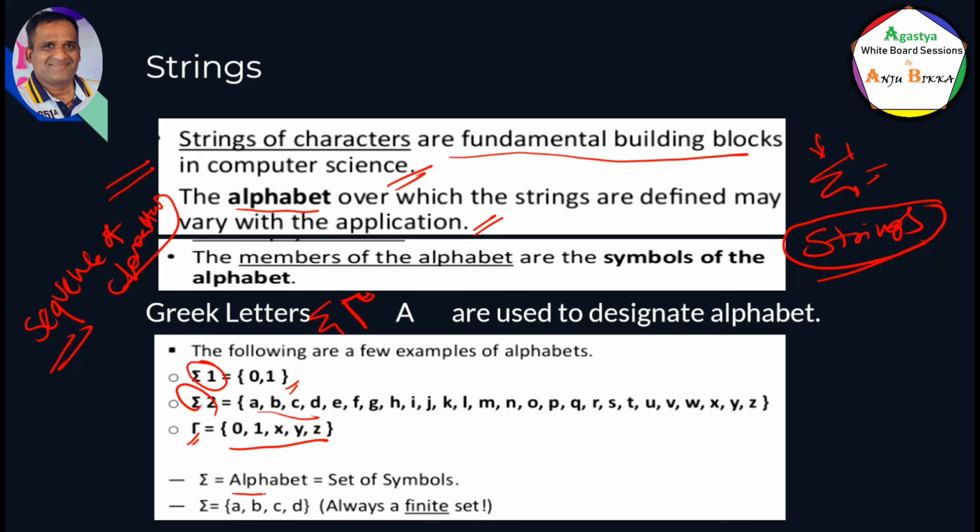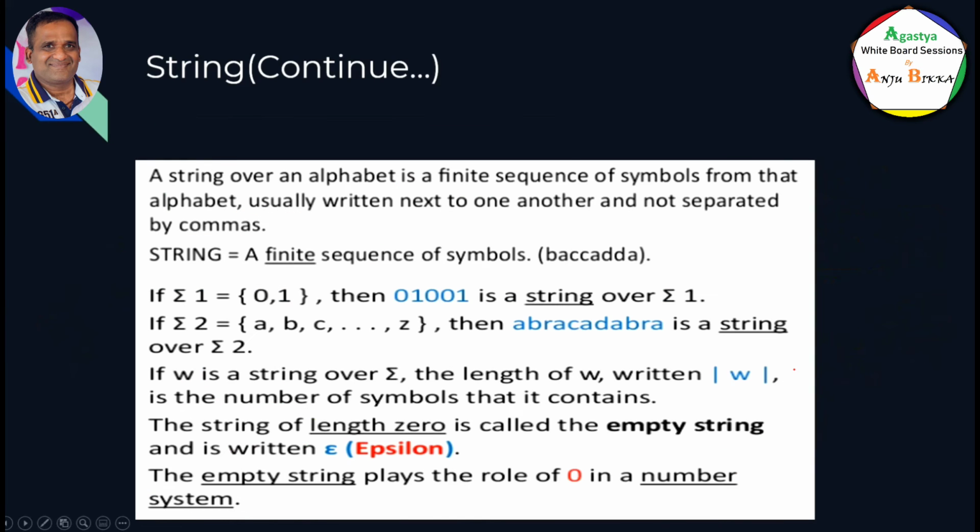So an alphabet is a set of symbols, always finite. This is very important. And again we have to remember that strings cannot be defined over two alphabets. You have to take either this or this, not two. Now a string over an alphabet is a finite sequence of symbols from that alphabet.